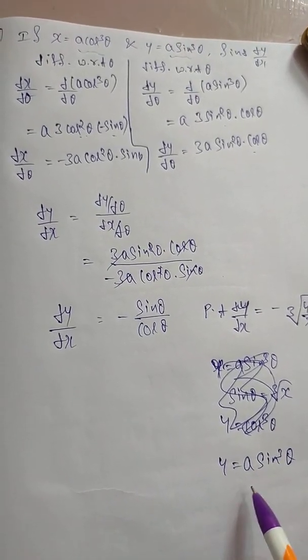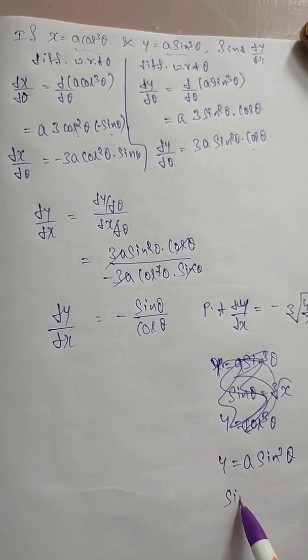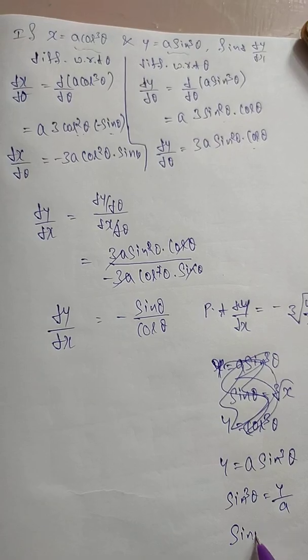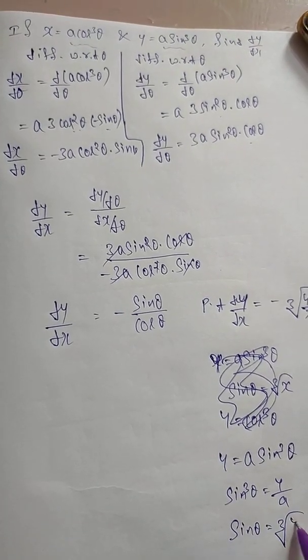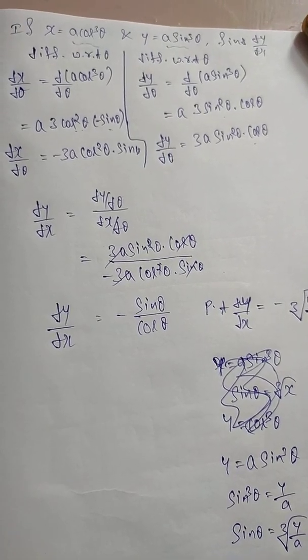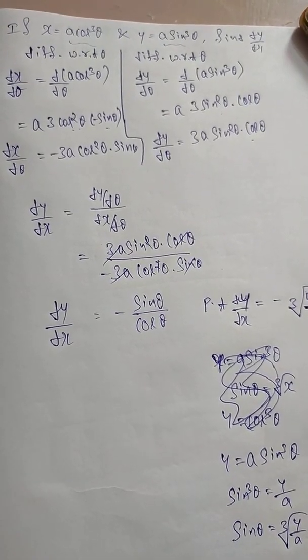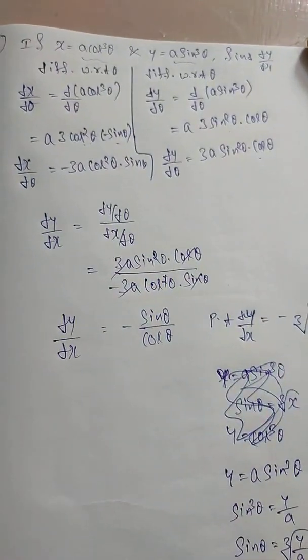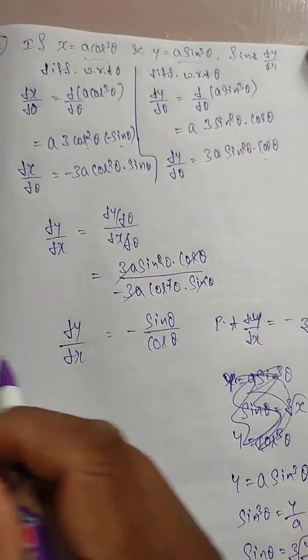Now sin cube theta is equal to y by a. Sin theta is equal to cube root of y by a. Similarly, cos theta is equal to what? Cube root of x by a. See here, x is equal to a cos cube theta. So similarly, cos theta is equal to cube root of x by a. I am substituting this.